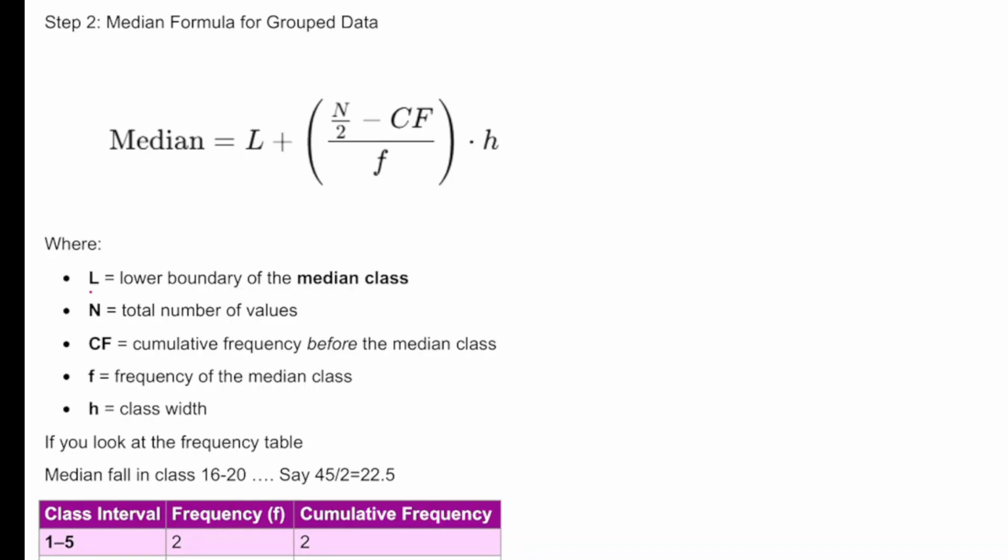And L, we said, is self-explanatory: the lower boundary of the median class. What's the lower boundary of the median class? If you want to get the median class, most of the times you will look at the frequency. The number you have is 45. Then you divide by 2 and it gives 22.5. Where is the median class then?